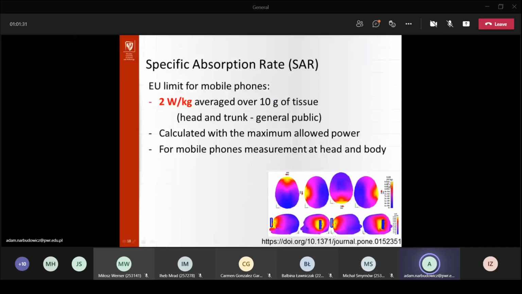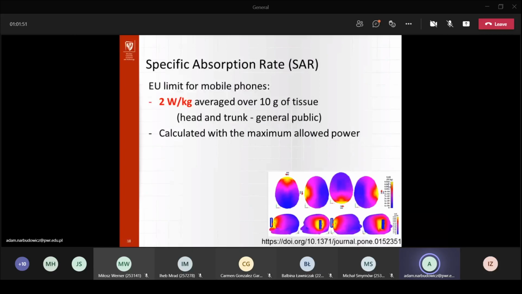And as you can see here in this paper, for the proposed device, over here you see the yellow area, which might sound kind of dangerous, but if you look at the scale, it's actually 0.016 watts per kilogram.